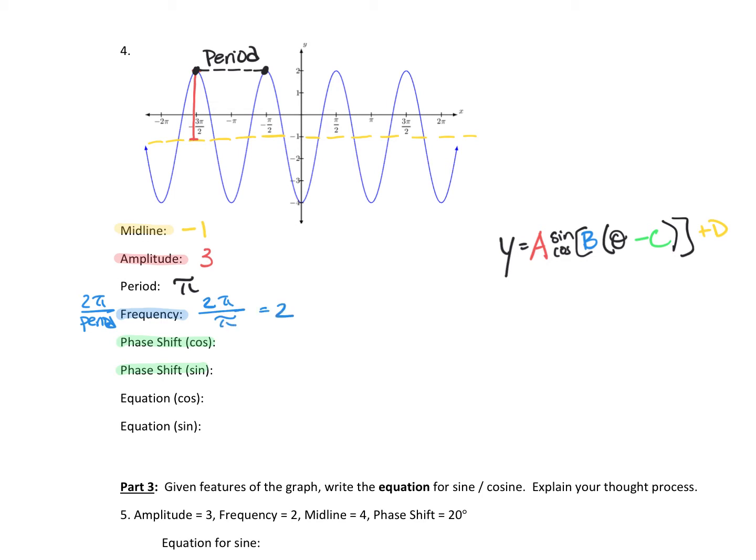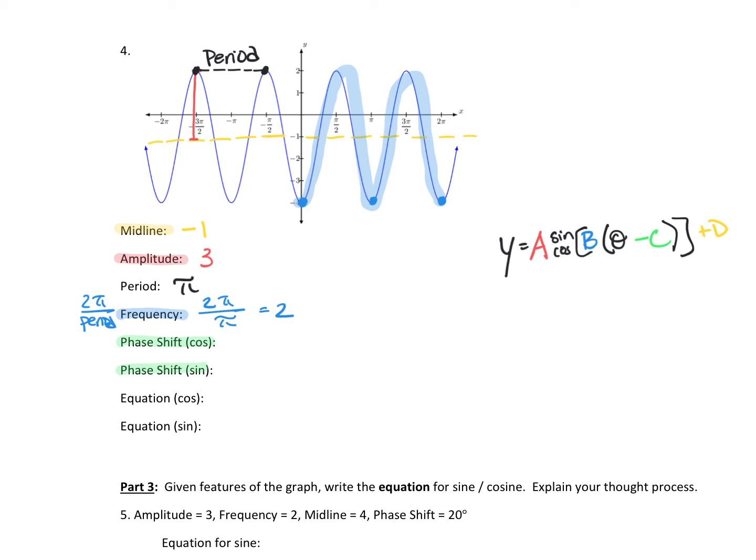So this tells me that in an interval of 2 pi, if I start down here when my theta is 0, we have 2 full periods. We look from 0 to pi, and then from pi to 2 pi, so we have 2 full cycles in an interval of 2 pi. So we have a frequency of 2.